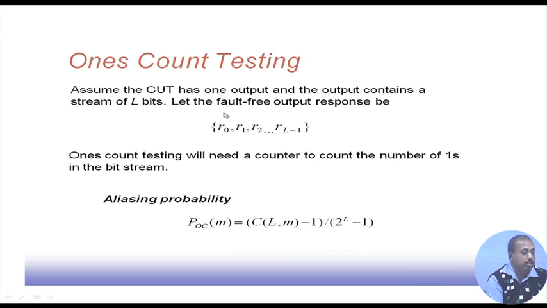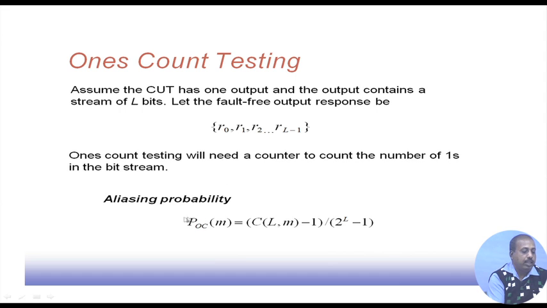In the first cycle it gave out R0, then R1, R2, up to RL minus 1. If these values are fed to a counter, then the counter will count how many ones were there in that bit stream.